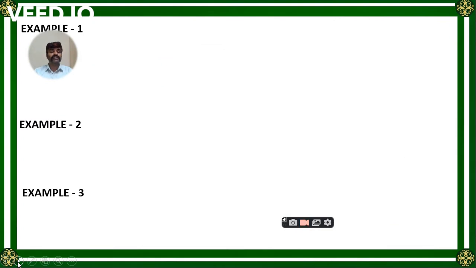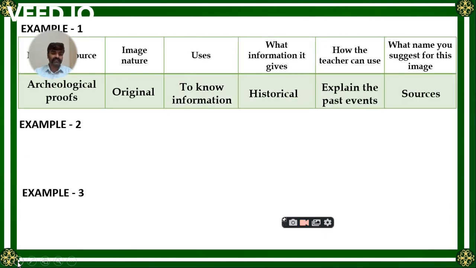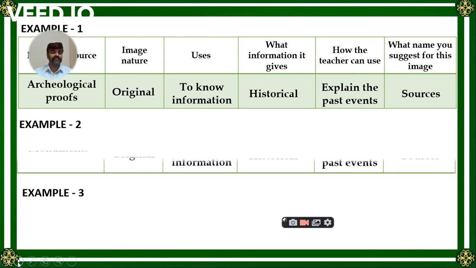I have given three sets of examples. When you analyzed those questions and answers, you came across a few informative answers. For example, it is an archaeological source, which was mentioned earlier in a horizontal way.